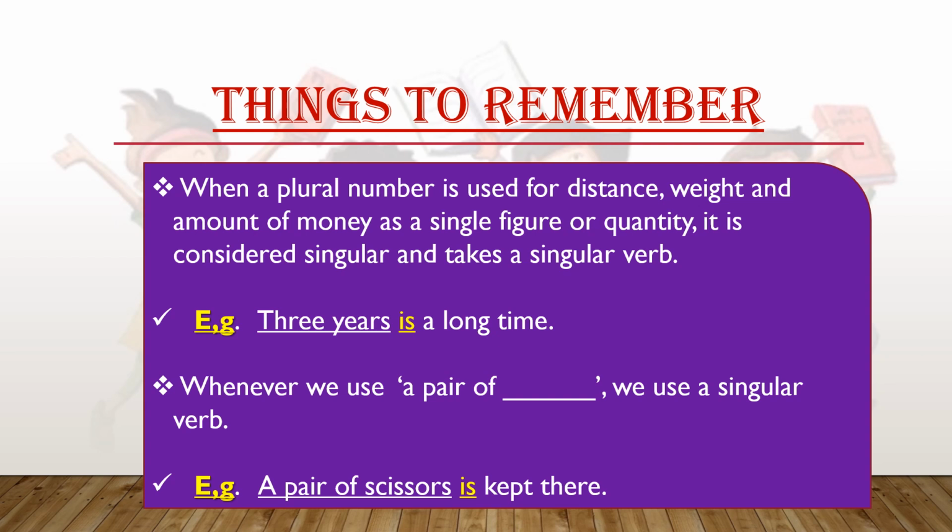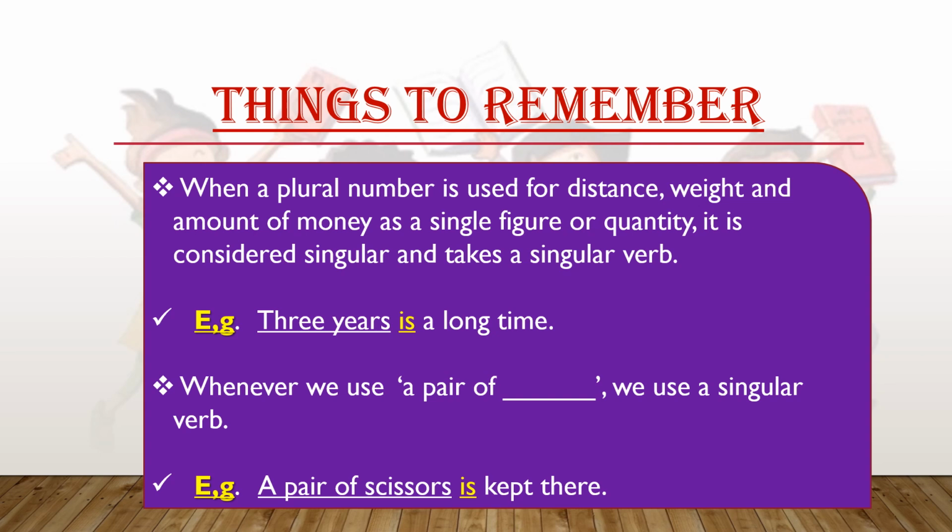You cannot separate them. Can you use scissors by only one side of it? No, we cannot. Can you wear only one sock? No, you have to wear a pair of socks. They are inseparable, and since they cannot be separated, they are considered as one. They are considered as a singular subject, and with a singular subject, we use a singular verb.